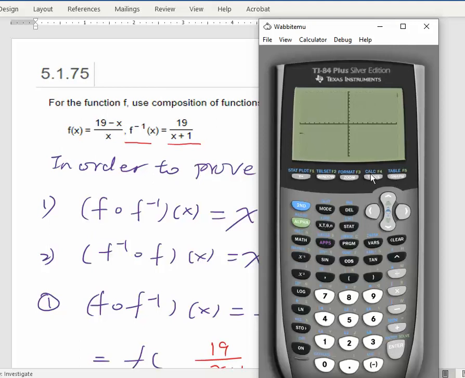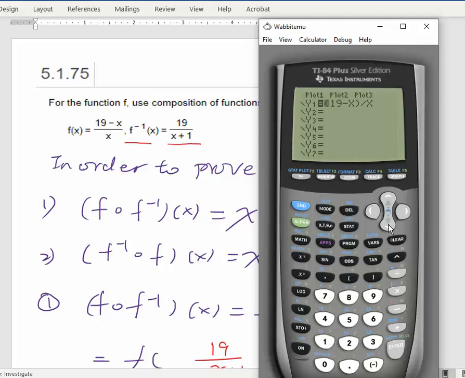If I graph this one, that is the original one.